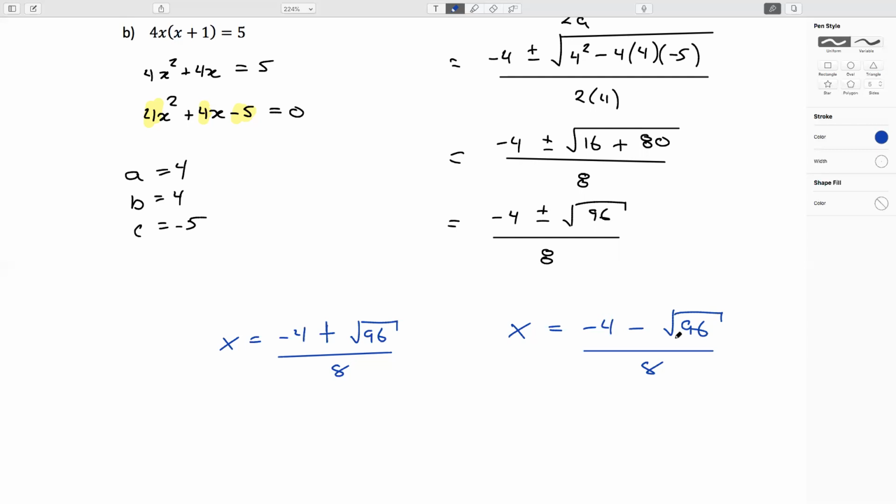Otherwise, your calculator will think you're just dividing root 96 by 8, and it'll give you the wrong answer. So minus 4 plus the square root of 96 divided by 8 is 0.72. So x equals 0.72 in this case. If we subtract, minus 4 minus the square root of 96 divided by 8, x would equal negative 1.72.